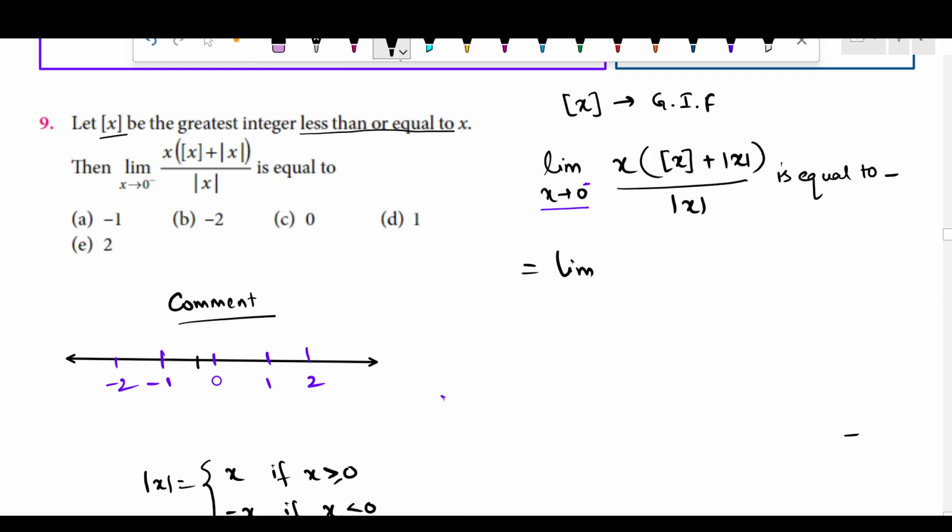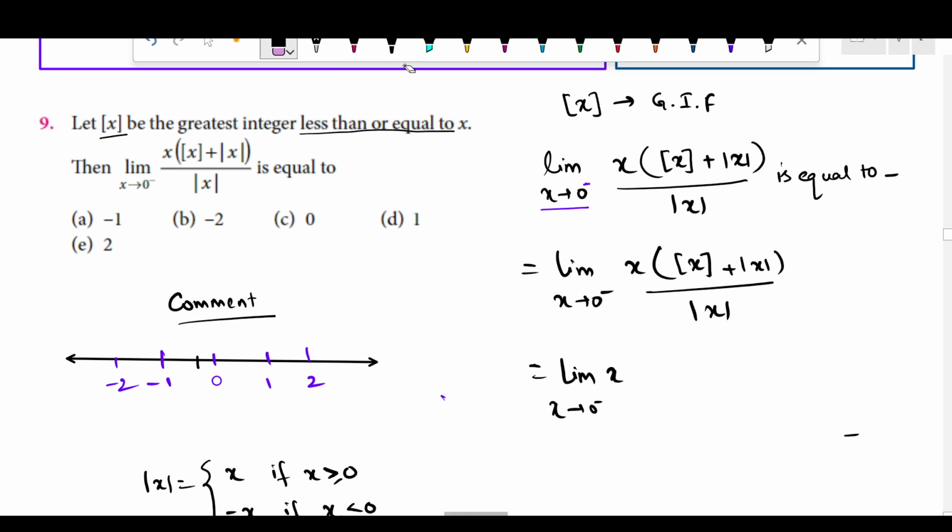This is equals to limit x tending to 0 minus of x times the greatest integer of x, plus mod x, upon mod x, right? This has to be changed. x tending to 0 minus. So x is as it is.